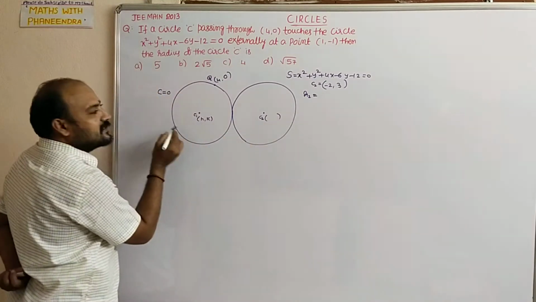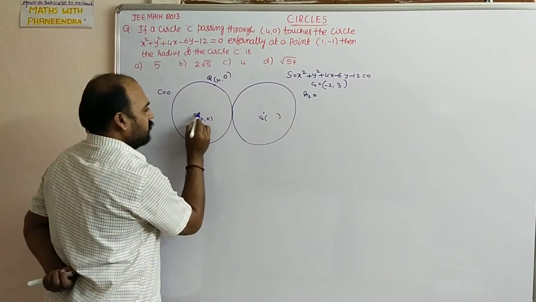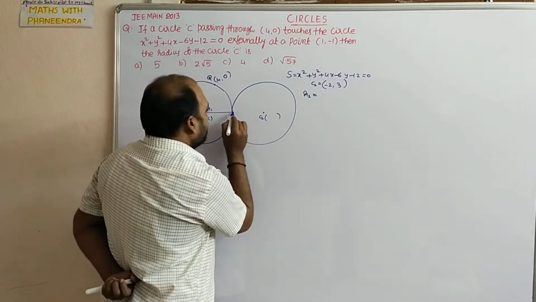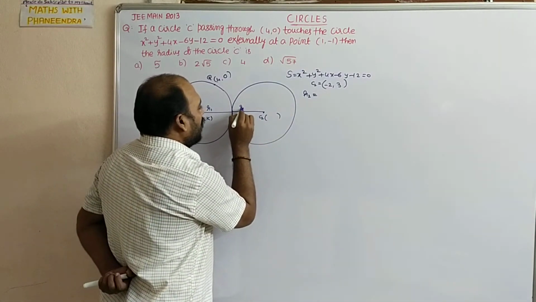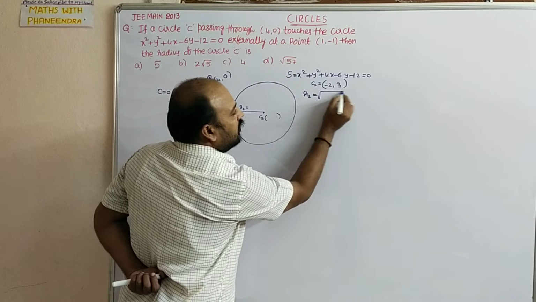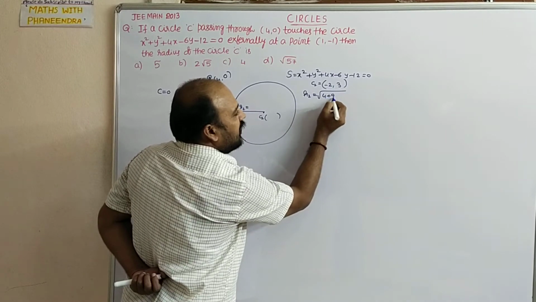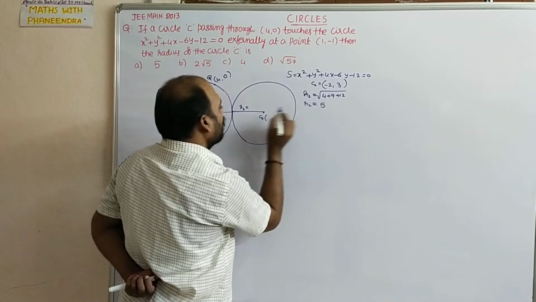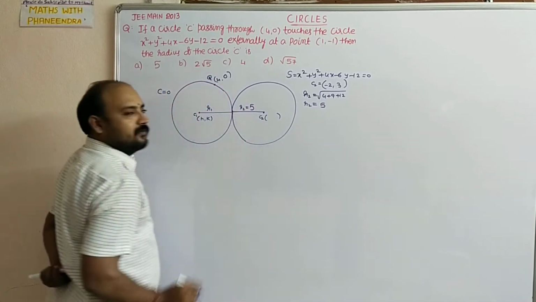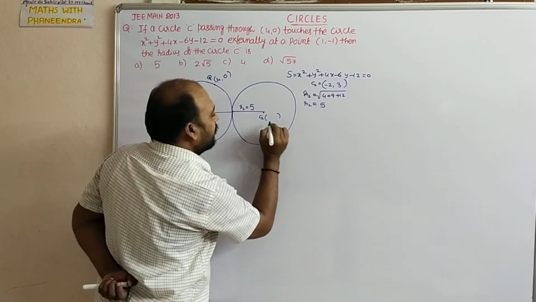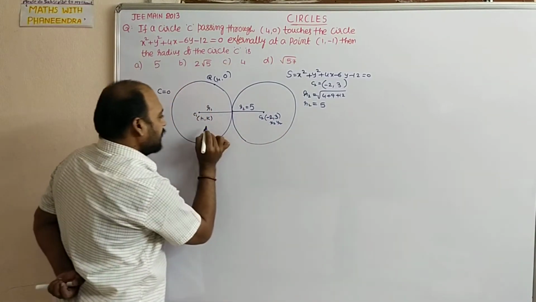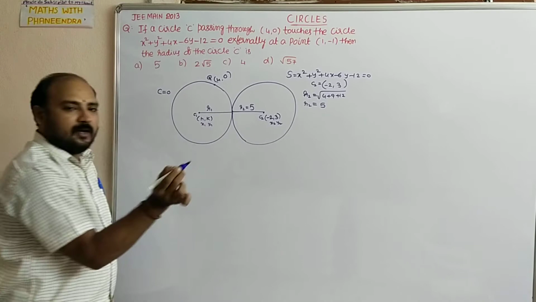The radius of the first circle I am assuming is R1. R2 we will calculate now: square root of g square plus h square minus c, 4 plus 9 minus of minus 12, root 25. It is equal to 5. So R2 value is 5. We got it. C2 value is minus 2 comma 3. This is x2 y2, this is x1 y1.